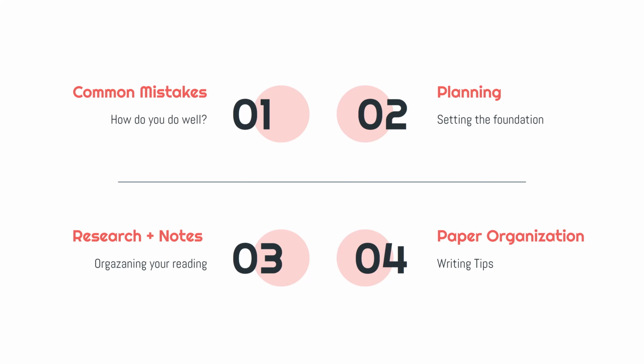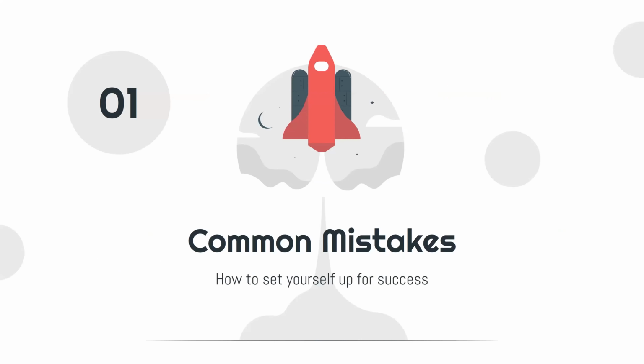And then we'll end off with paper organization. So we're going to be mainly focusing on some writing tips to do with the introduction and conclusion, and we won't focus too much on the body of the actual paper, as a lot of that just comes with some of the other planning and research tips that we'll give in the first three of the sections.